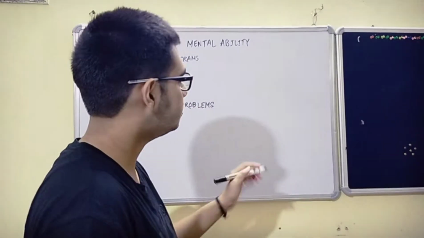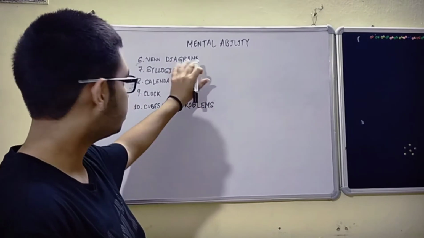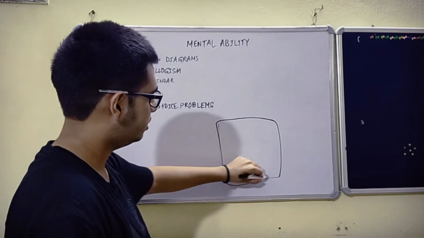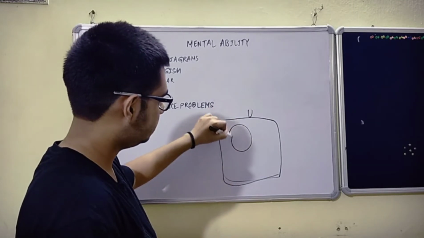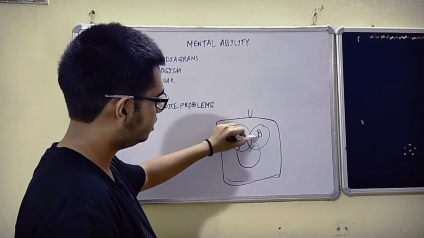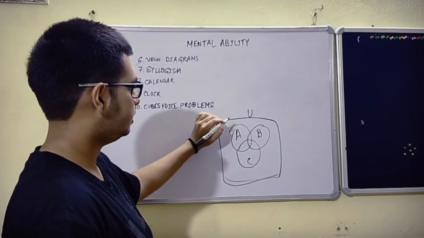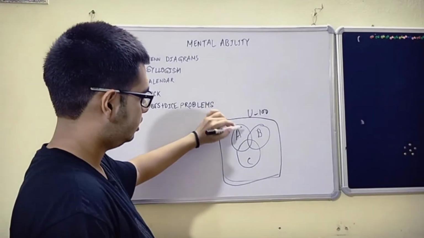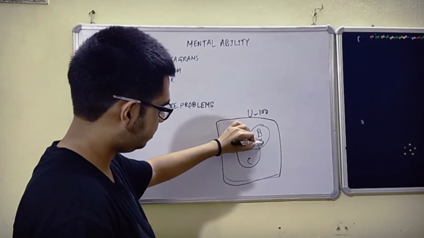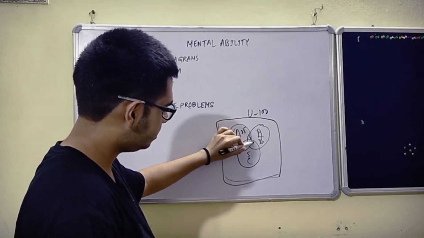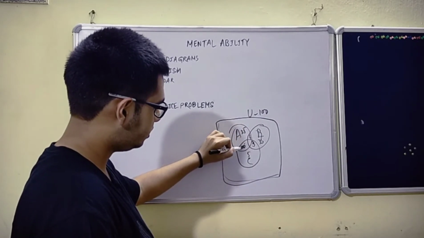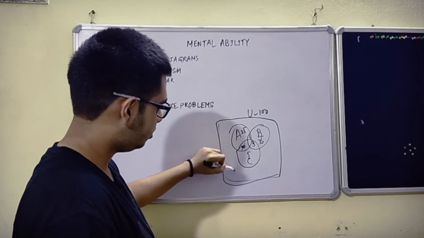And anyway, this part is easy, because the type of question in Venn diagrams will be, suppose you have a universal set U and there are three sets given here, A, B and C, and let's say the total number of items is 100 here, and this is 25, and this is 35, and this is 5, and this is 4, and this is 3, and this is 0, or let's say this is 10, and this is 1.